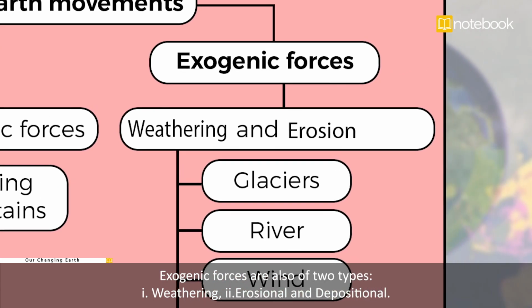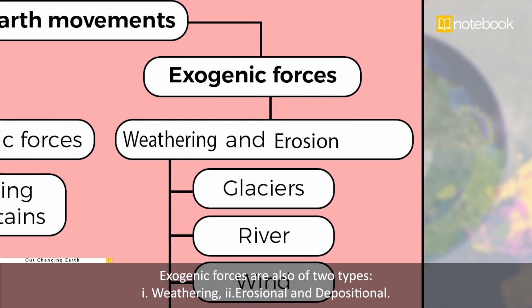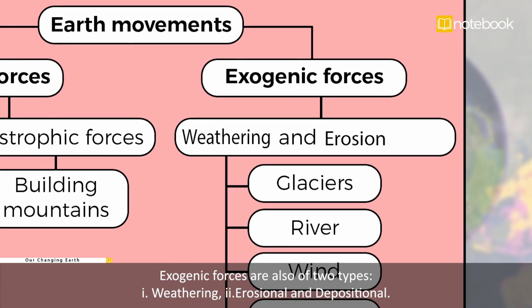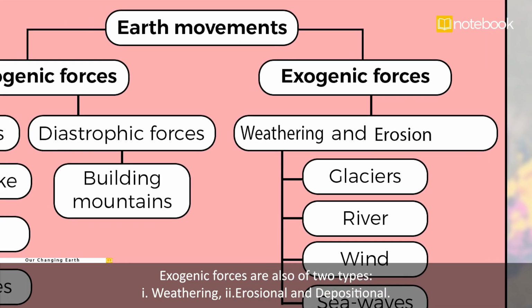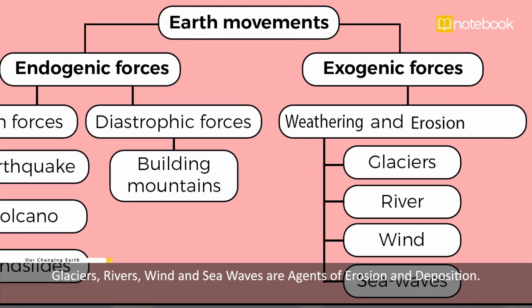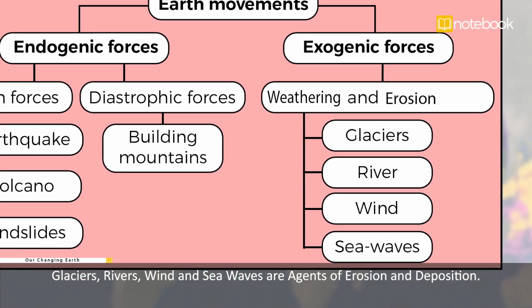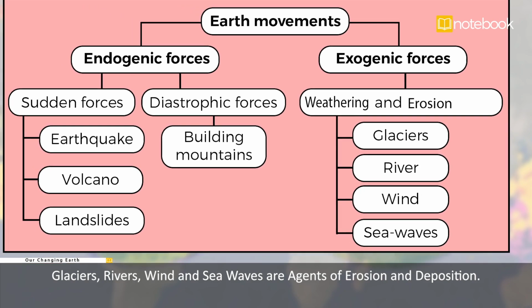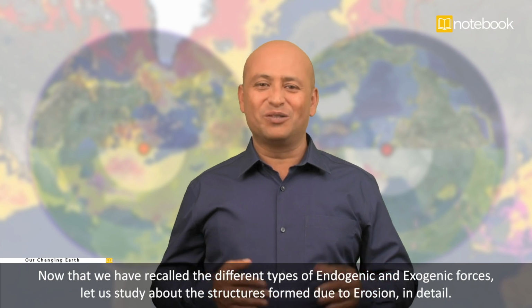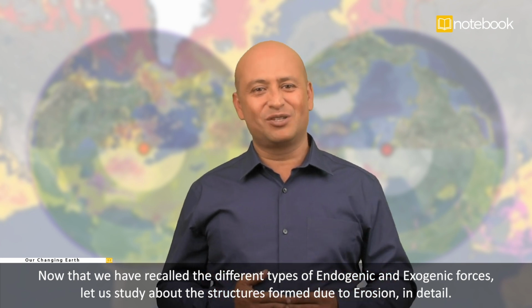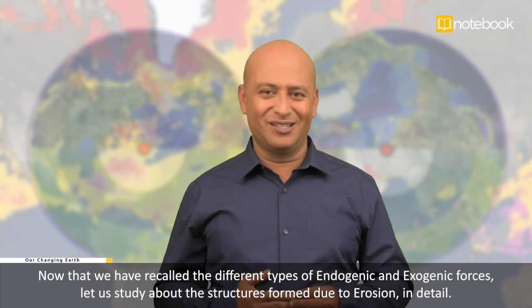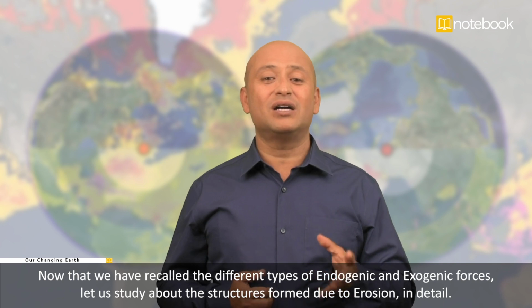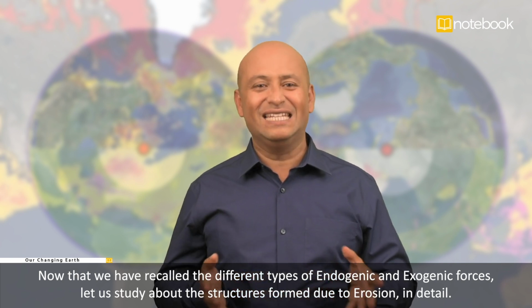Exogenic forces are also of two types. 1. Weathering. 2. Erosional and depositional. Glaciers, rivers, wind and sea waves are agents of erosion and deposition. Now let us study the structures formed due to erosion in detail.